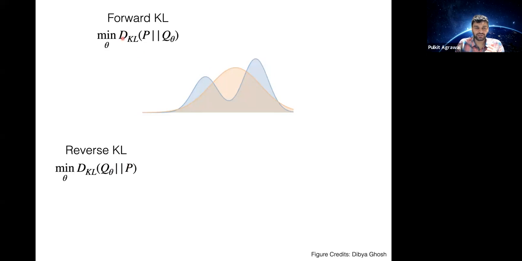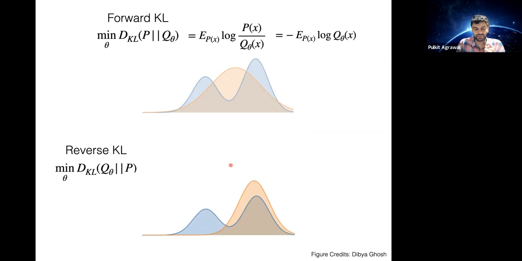It turns out if you do forward KL, then if you end up estimating q theta, you end up matching the mean of the distribution p. And mathematically this is how it looks. I'm just opening it up, I'm just writing the expectations. Versus if you look at the reverse KL, the reverse KL ends up choosing one of the modes of the distribution.